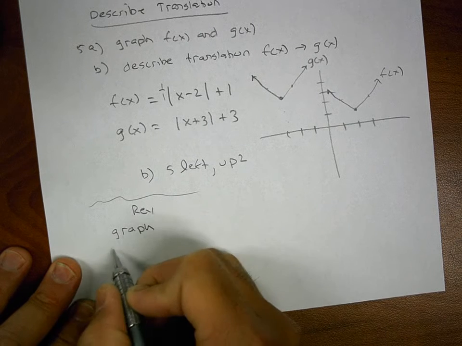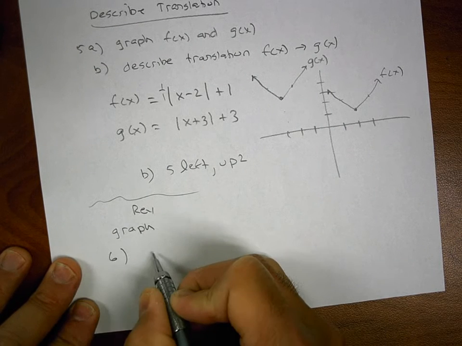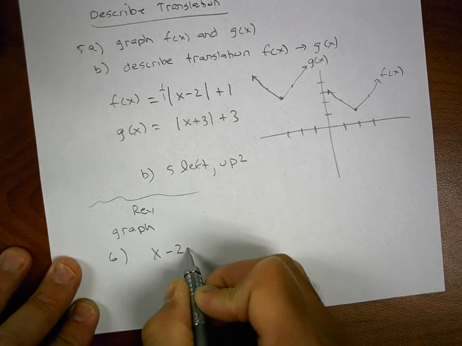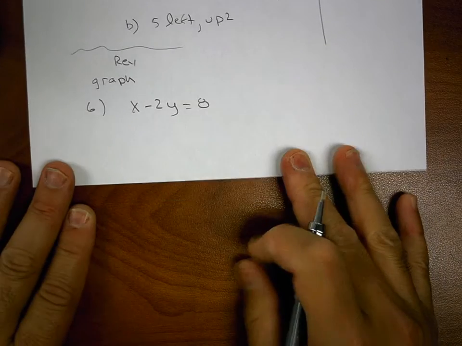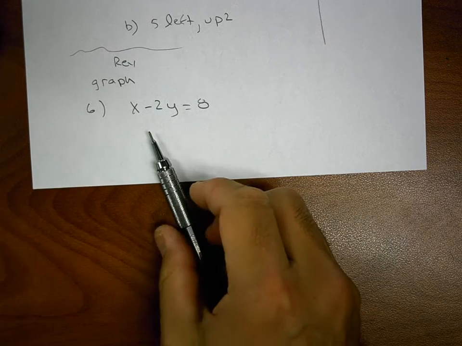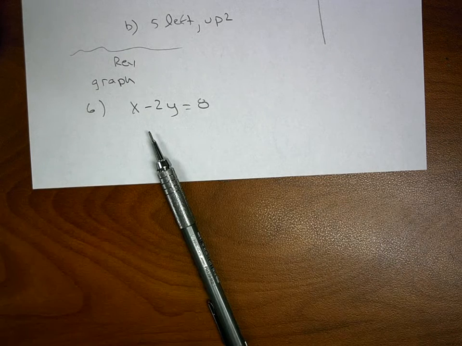I'll call this number 6. x minus 2y equals 8. So we want to graph this. There are other graphs on the review, but this one I know you might not have looked at too closely. So what is this?